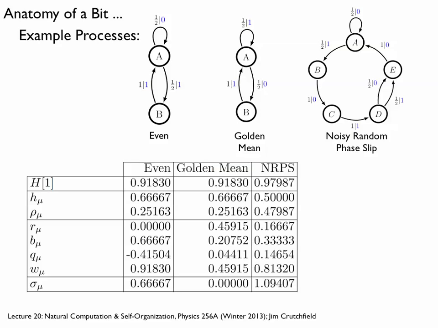All the randomness it generates, well, it's got to show up here in b mu, right? These two numbers have to add up to this guy, h mu. So all the randomness that's generated gets remembered. Whereas over here, for golden mean, there's some kind of split. Mostly the information generated is forgotten, and there's a little bit that's remembered.